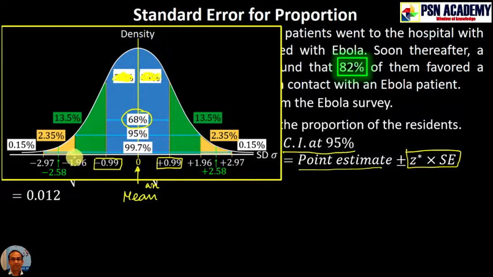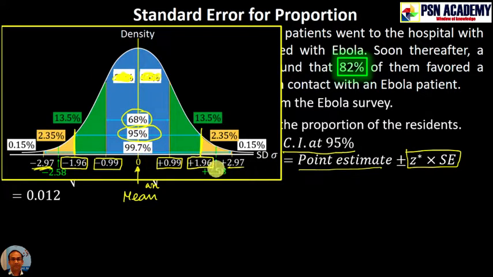Next, within this range, that is minus 1.96, and on this side you have plus 1.96. Within this range, you will have 95% of the data. And between minus 2.97 on this side and plus 2.97 on this side, you will have 99.7%.